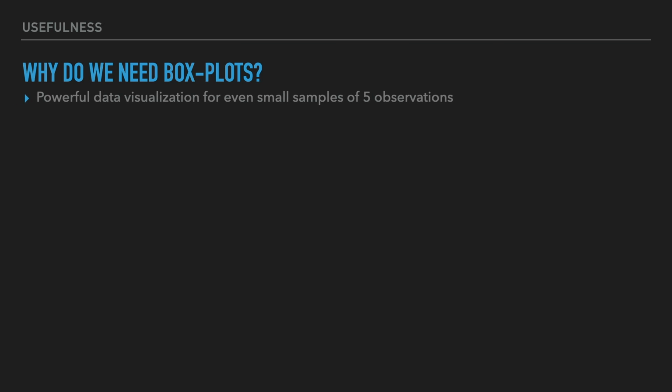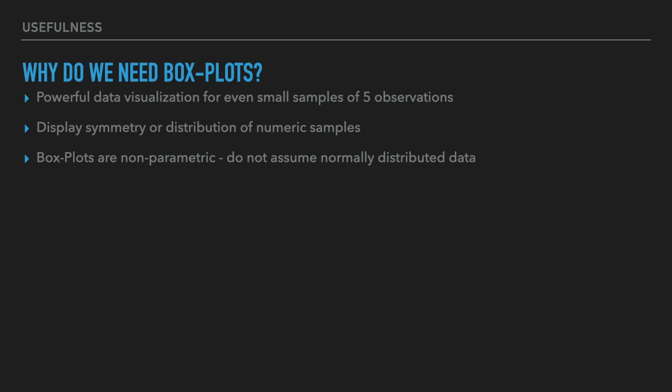First of all, box plots are a powerful data visualization technique, even for small samples of only 5 observations. They display symmetry or distribution of numerical samples. Box plots are non-parametric, so they do not assume normally distributed data.